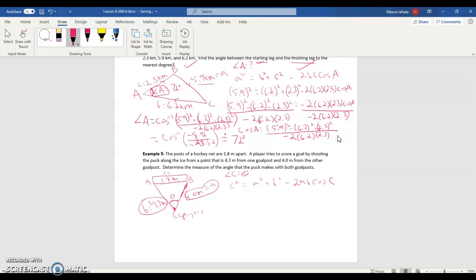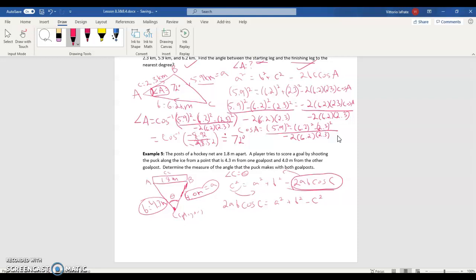And so what I'm going to do is I'm going to send this to the other side and this to this side. So I'm going to get 2AB cos C is equal to A squared plus B squared minus C squared. So I'm bringing this whole term over. So when I bring the whole term over, I just change the sign at the front to make it positive.